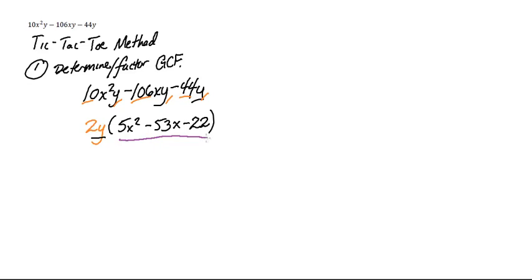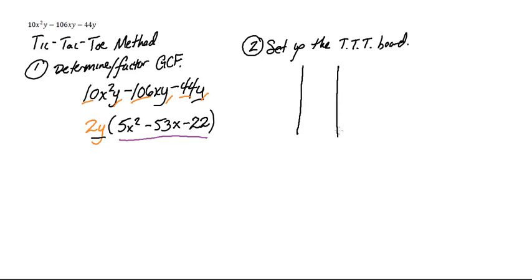Now, I'm going to give myself plenty of space. What we do here is set up the tic-tac-toe board. I'll just say T board. You set it up quite literally like tic-tac-toe.